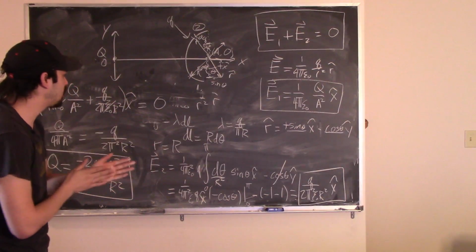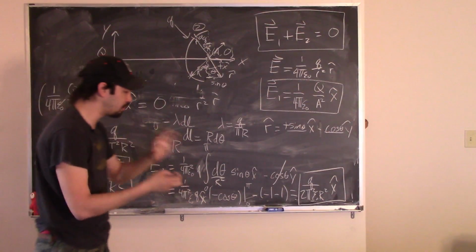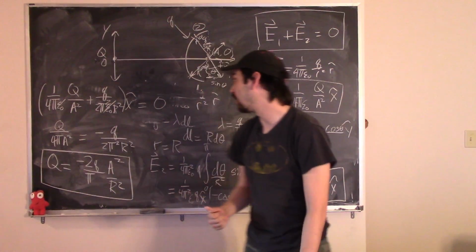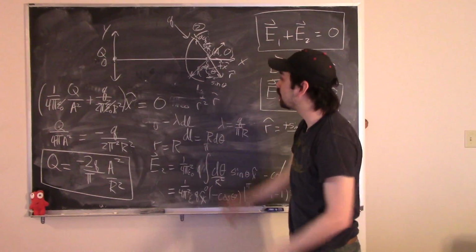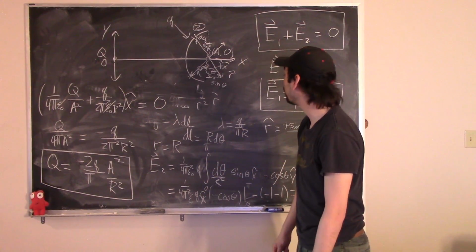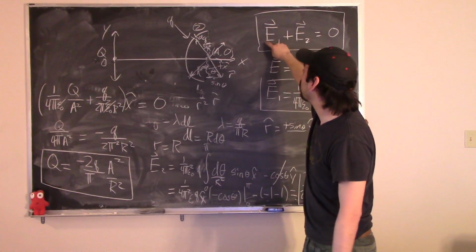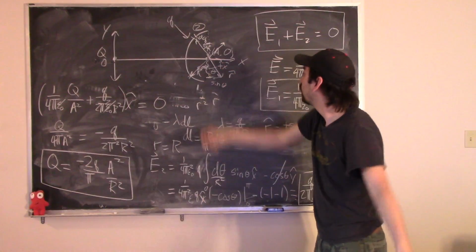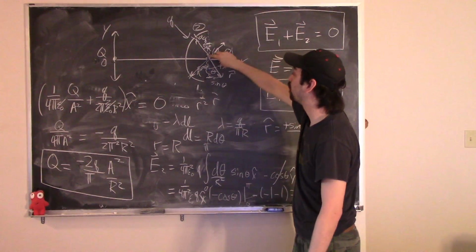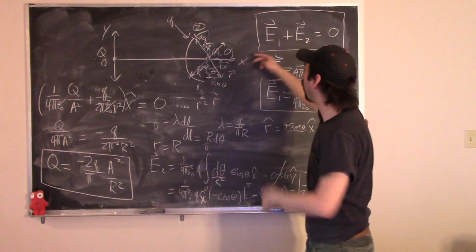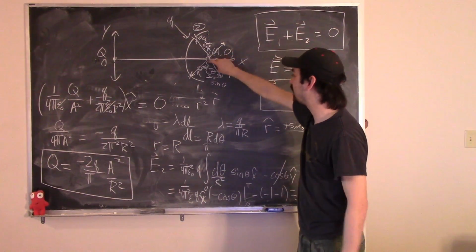Okay. So the big takeaway from this problem, and any problem like it, you can ask problems if you want to find what some charge needs to be for a force to be 0 or for some electric potential to be 0. It comes down to the superposition principle, and you say that the electric field, the force, the electric potential at some point is going to be equal to the sum of all electric fields acting at that point.